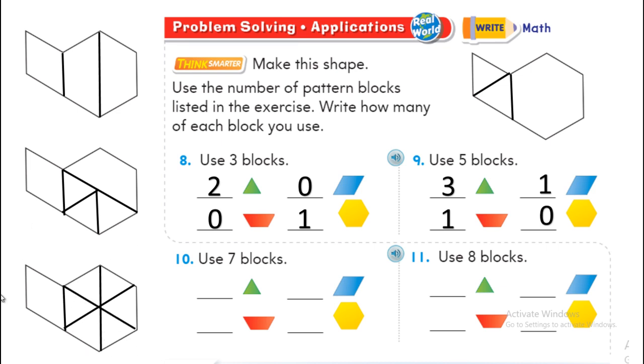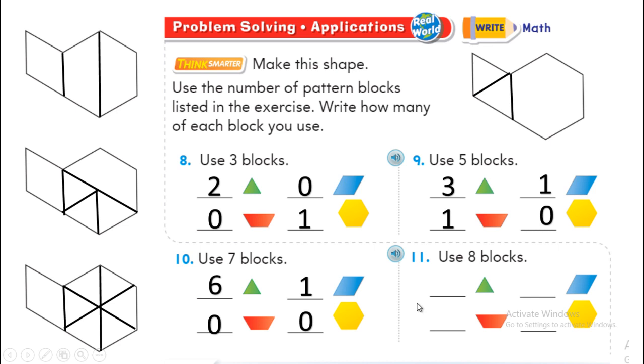Here. Can we count now? Count. 1, 2, 3, 4, 5, 6, 7. Very good. Now how many of each shape did we use? We used 6 triangles inside the hexagon. Wonderful. And 1 rhombus. Do we have any trapezoids? No, 0. Any hexagons? Nope, 0.